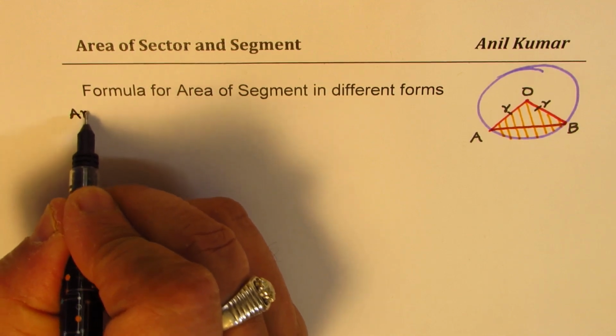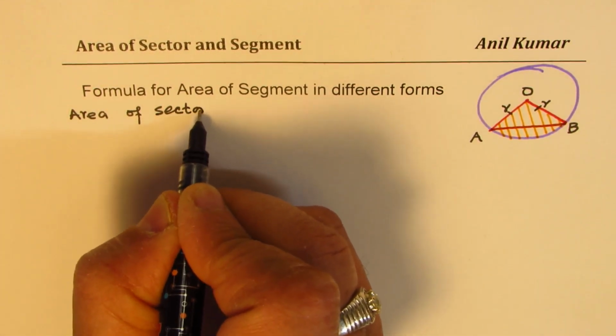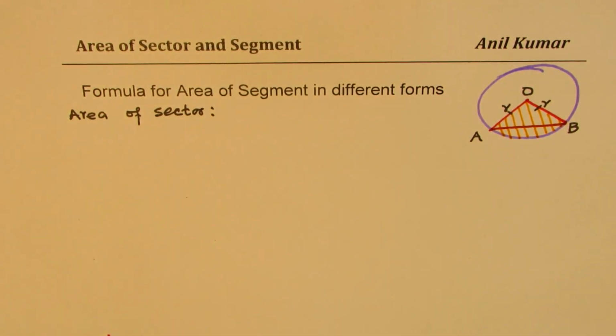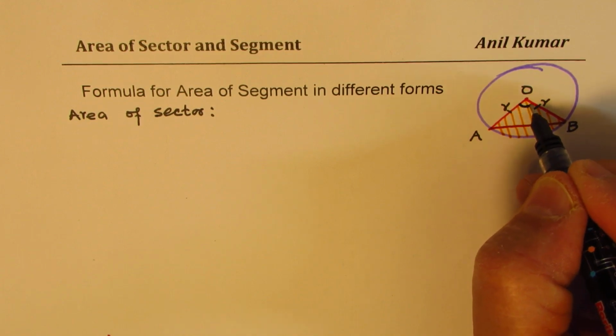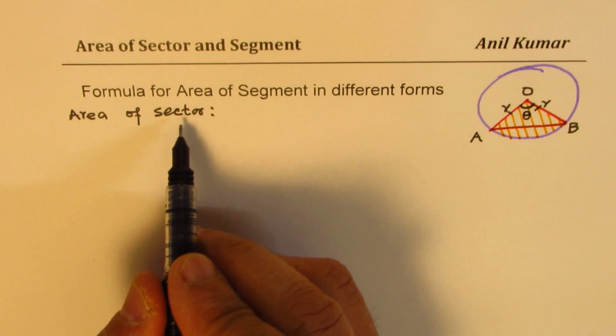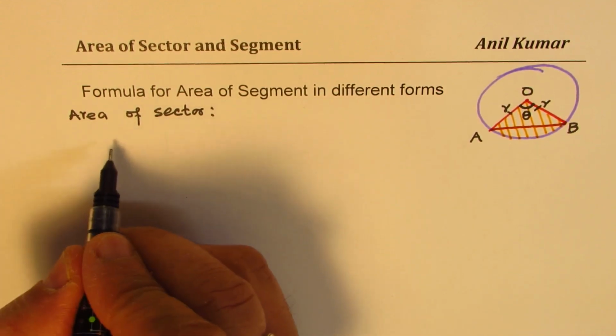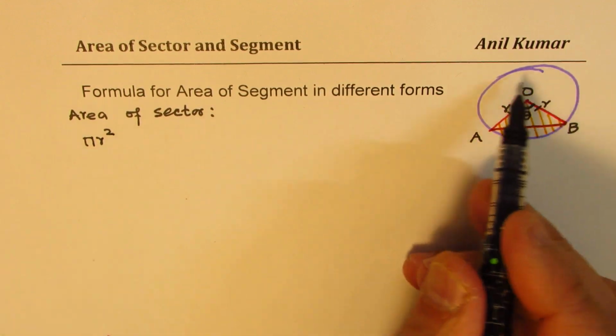So let's work on area of sector. Now area of sector is in the ratio of angle to the whole circle area. So let's call this angle as theta. So area of sector will be equal to pi r square, the area of whole circle, right?